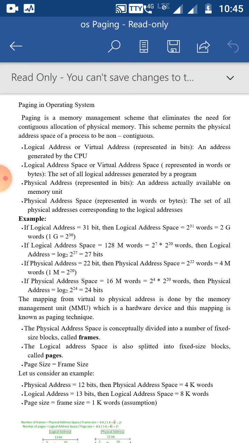What are they? The page numbers. Page number 1, page number 2, up to page number 7. Page number 1 is loaded in frame number 5. The second page is loaded in frame number 10. The third page is loaded in frame number 15. And the last page, page 7, is loaded in frame number 35.